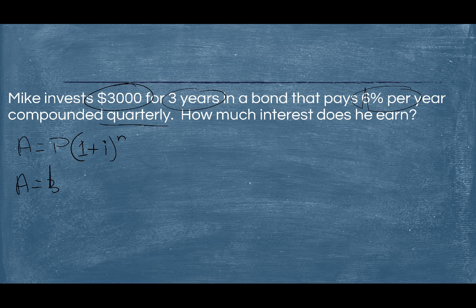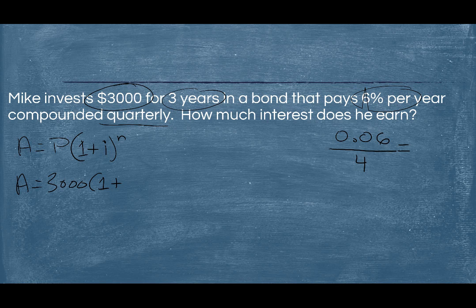If you got your 3,000, you've got your 1, and calculating the interest now, it's still divided by 100, so it's 0.06. But then you have to divide that by the number of compounding periods per year. So quarterly means 4 times per year.